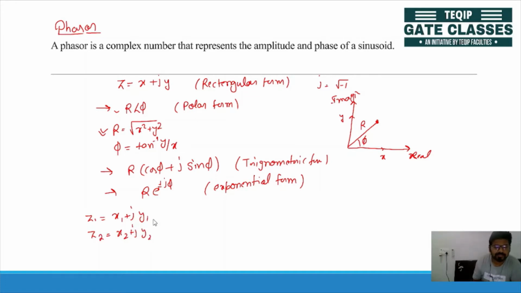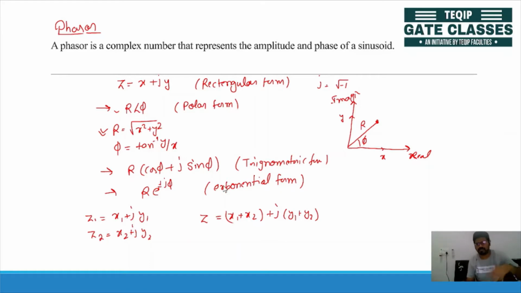If we have to add them, then we will simply add them in rectangular form, because in rectangular form we can simply add the real part separately and we can add the imaginary part separately. Okay, so if you have to do subtraction or addition, we'll write it in the rectangular form, and if we have to multiply or divide or any other operation, then we will write it in this polar form.